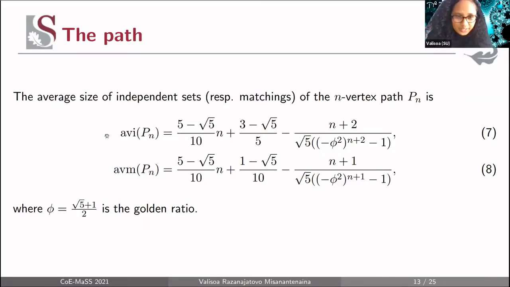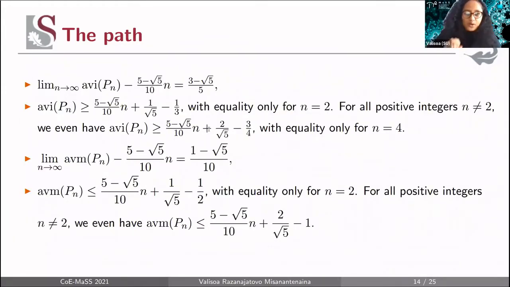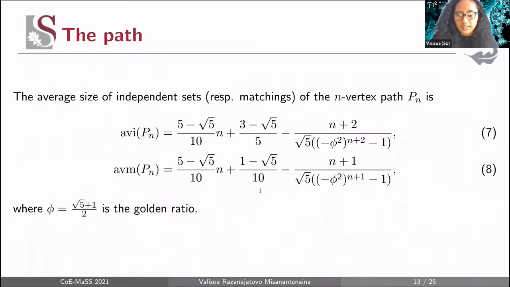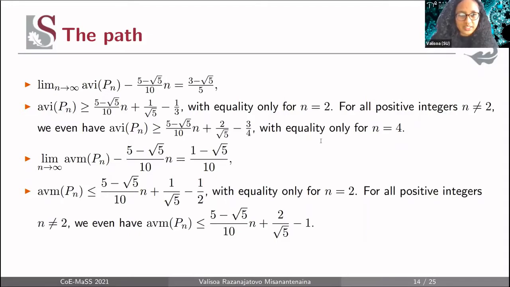And since we already have the average size of independent sets of Pn, the average size of matchings of Pn can be computed using the average size of independent sets of P(n+1). And now, as I said to you, this comes from the fact that the extra term here tends to 0 when n goes to infinity.